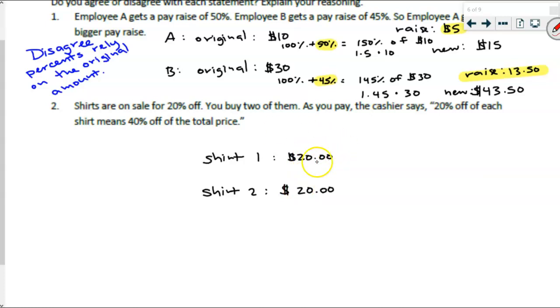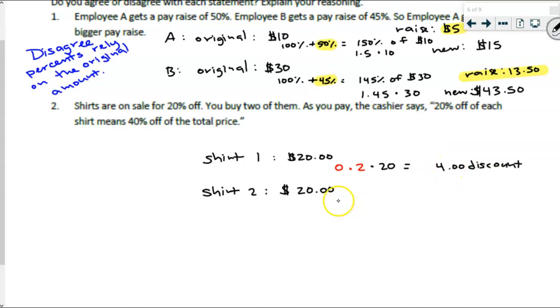So if I get 20% off of this one, that's 0.2 times the $20. What is the discount going to be here? 20 times 0.2. I got $4 off. Okay, so $4 discount off of that first shirt.